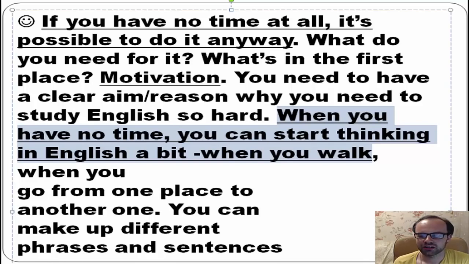And when you go to some place, you can translate all your ideas from your first language or from your mother tongue into English. And you can do it little, just some words, phrases, then more difficult words, more difficult phrases, and then it will be very natural for you. Yeah, and you'll see good progress.